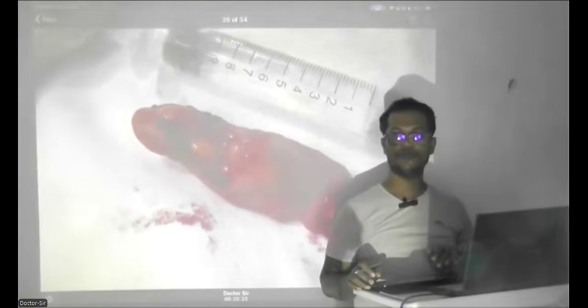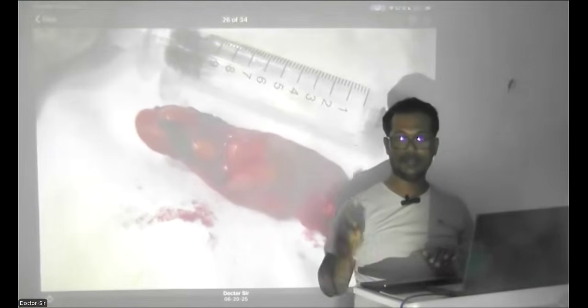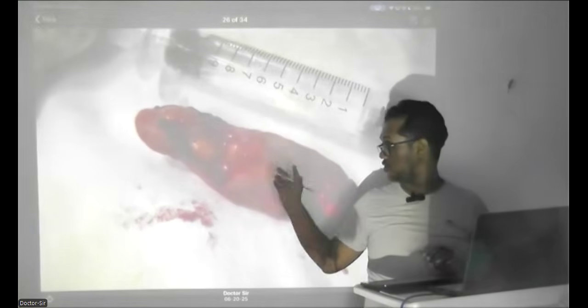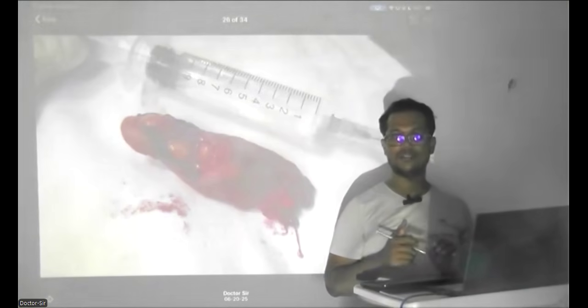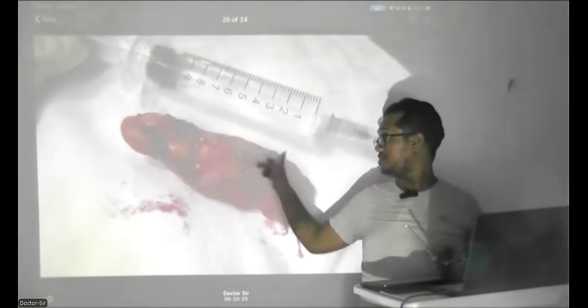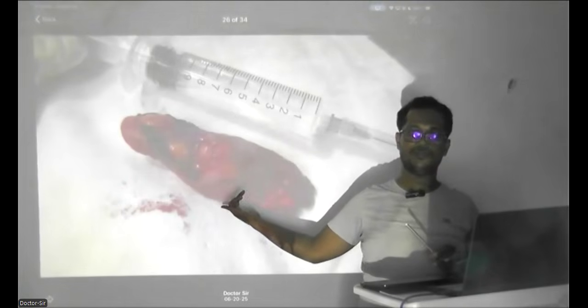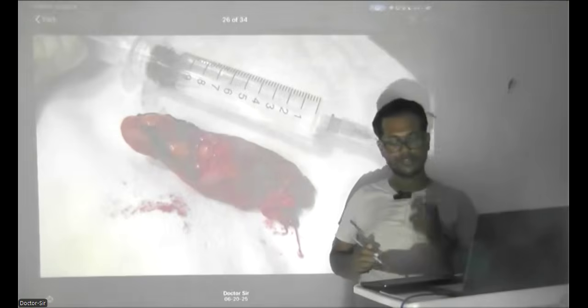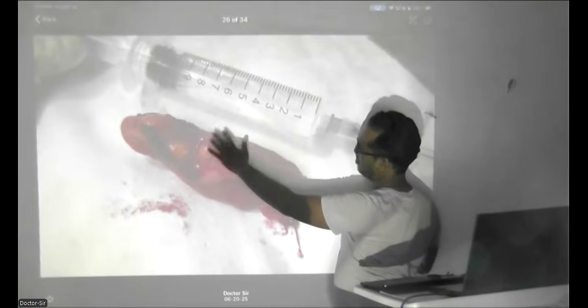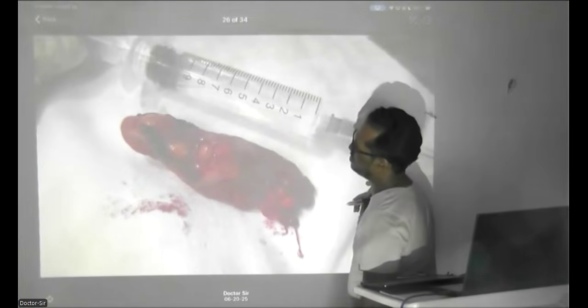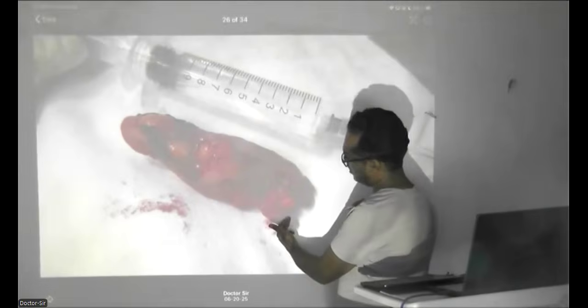Usually when someone has appendicitis, we dissect and cut this out. I am just telling you the size. Look, this is the syringe. Compared to the syringe, the size is about this much, from here to here, like a 10 milliliter syringe.